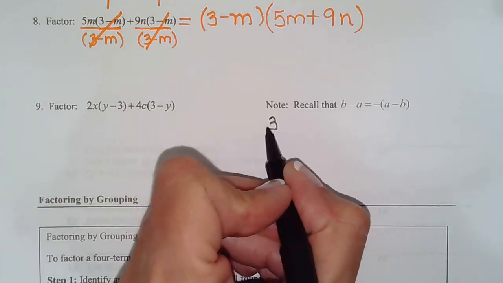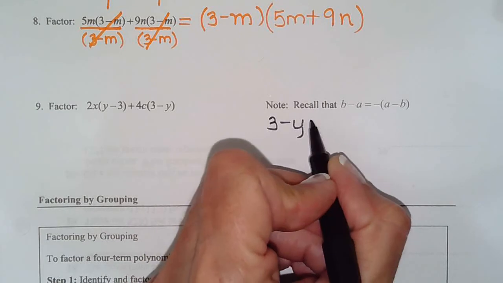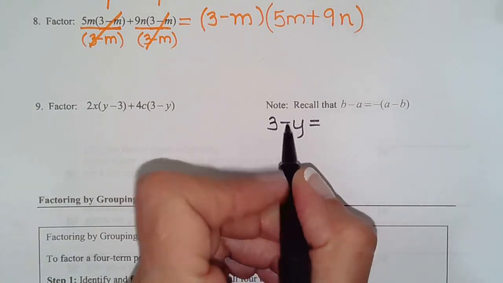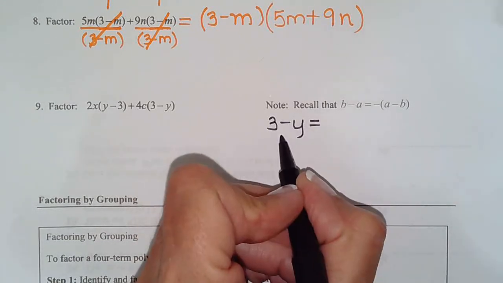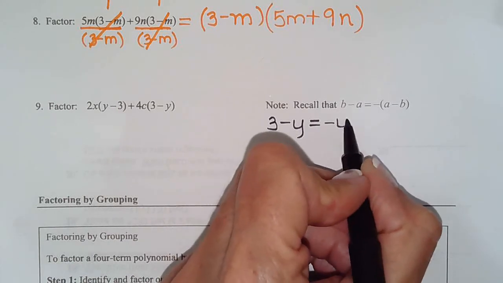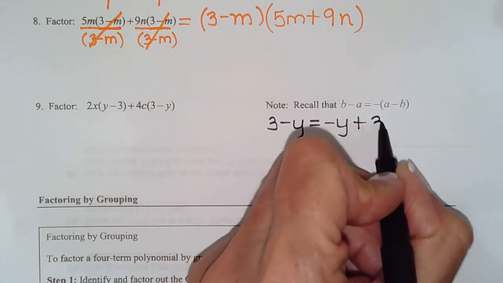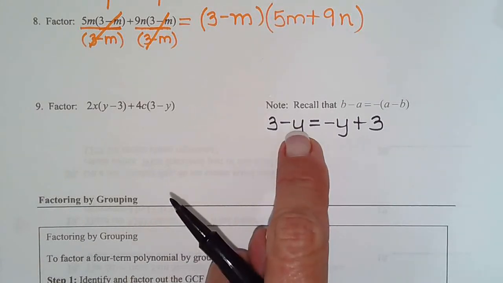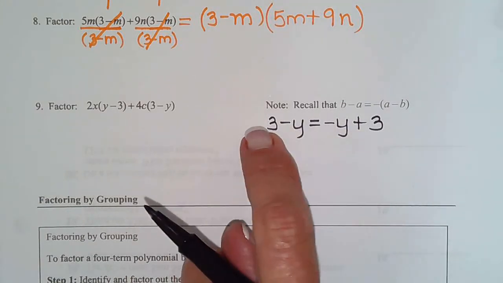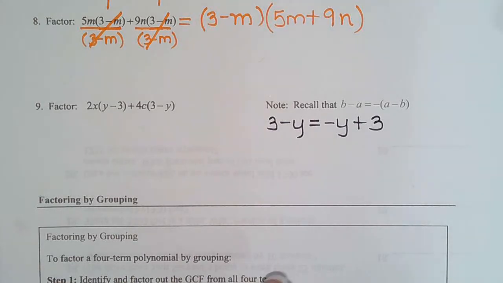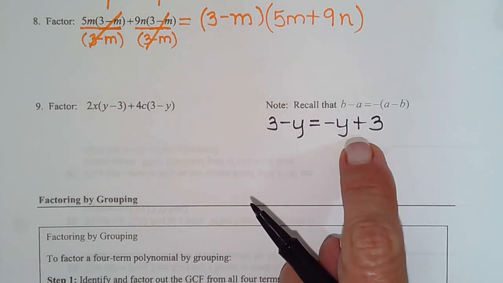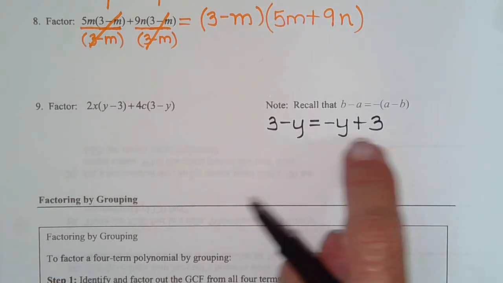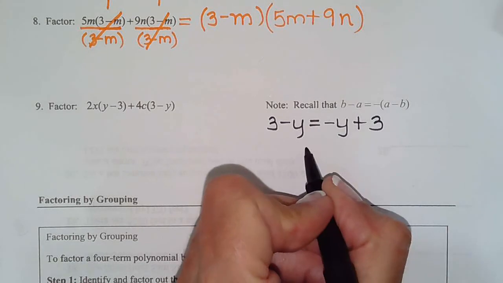So 3 minus y, if I put it in the correct order, remember constants go last, it would be negative y and positive 3. Does everybody agree those two are the same thing? So negative y, positive 3, positive 3. This is writing it in the correct order. But then thinking back to what we just did on the last section, remember how we said the leading coefficient can never be negative?